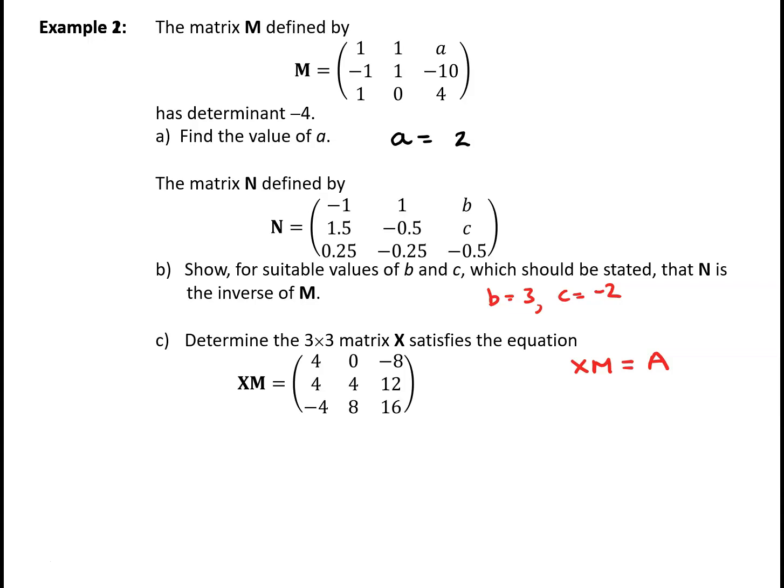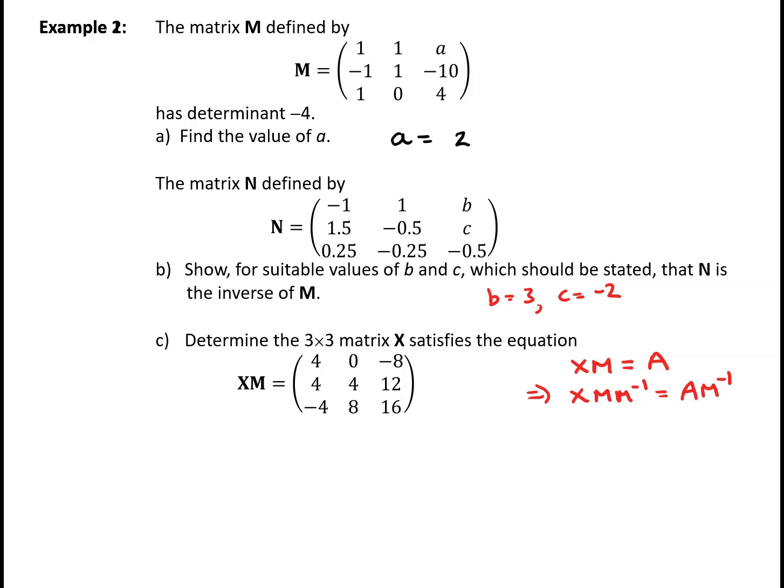If I now post multiply, that is multiply on the right hand side of each part of the equation by the inverse of M, that is N, I've got X times M inverse equals A times M inverse.